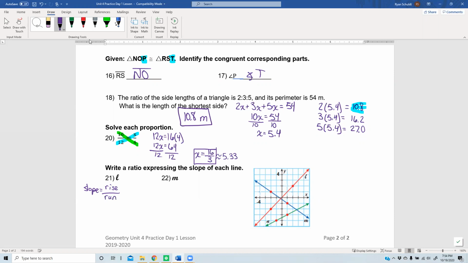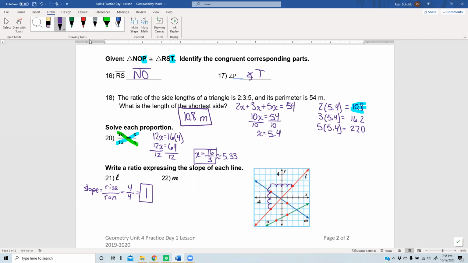So how much do I rise on line L? 1, 2, 3, 4. And then I run over 1, 2, 3, 4. So 4 over 4, which gives me 1. So there's my slope for that one.